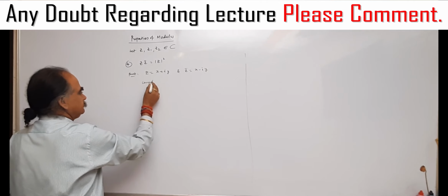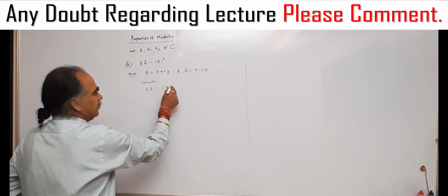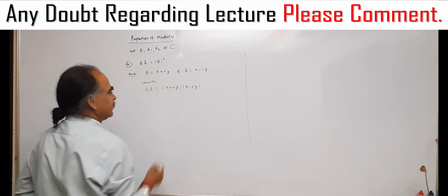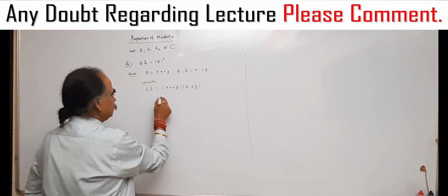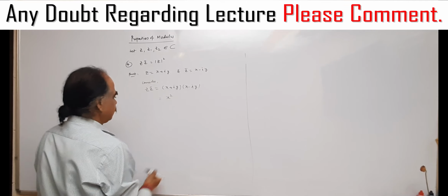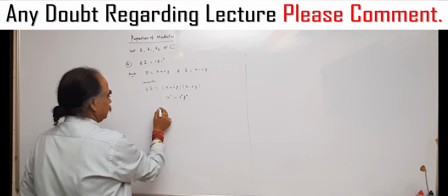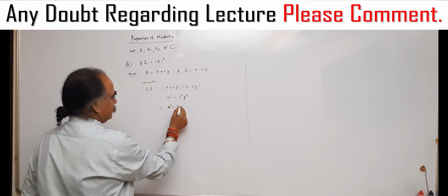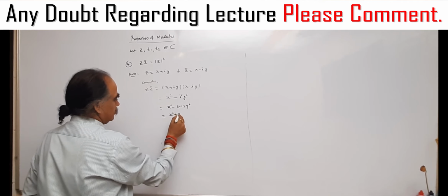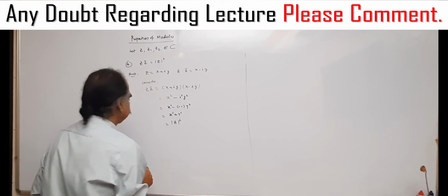Consider z into z bar: x plus iy into x minus iy will give you x square minus i square y square. I square is minus 1, so x square plus y square, which is mod z square.